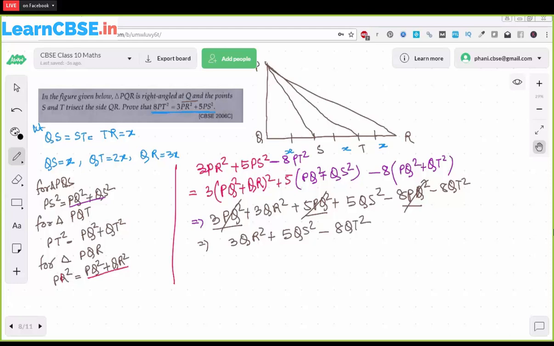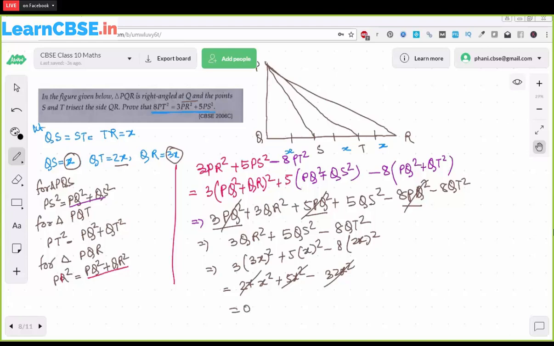We have taken QR as 3x, so 3x the whole square, 5 times QS, QS is x, x square, minus 8 times QT, QT is 2x, 2x the whole square. So 27x square plus 5x square minus 32x square gives you 0.